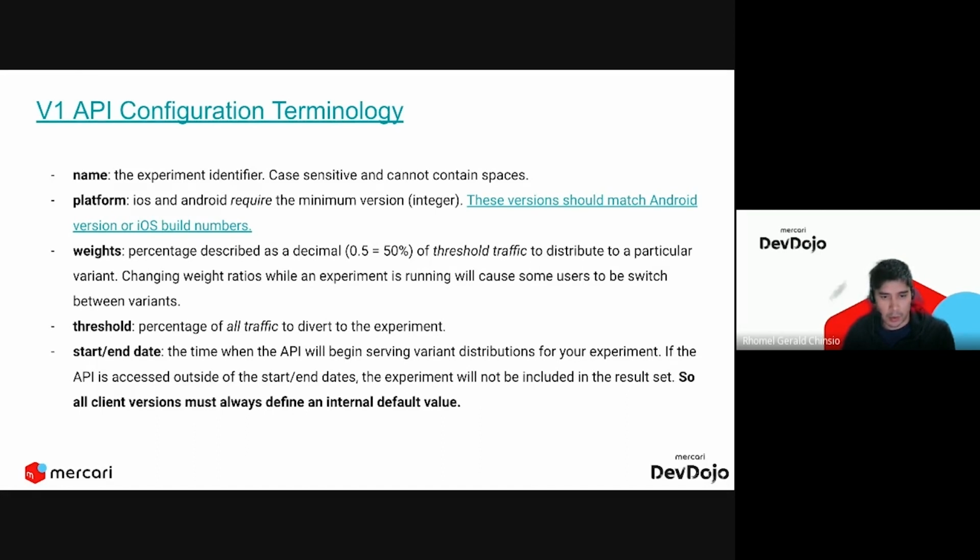For example, when you run an experiment, you don't want users that are getting treatment A to magically shift to treatment B in the middle of your experiment, because they would be exposed to both experiences, or they might get a flip flop in their user experience, which is just bad in general. And so, for that reason, the weights should always remain fixed after your experiment starts. It's not something you can easily change later.